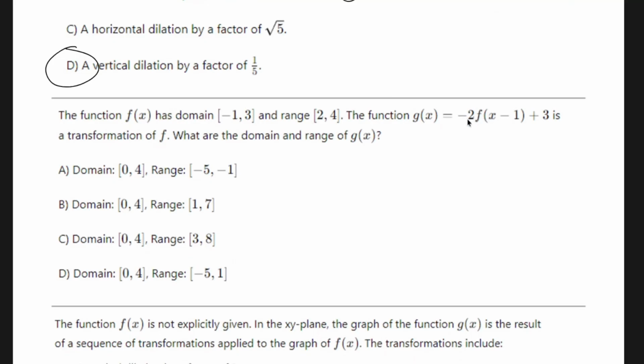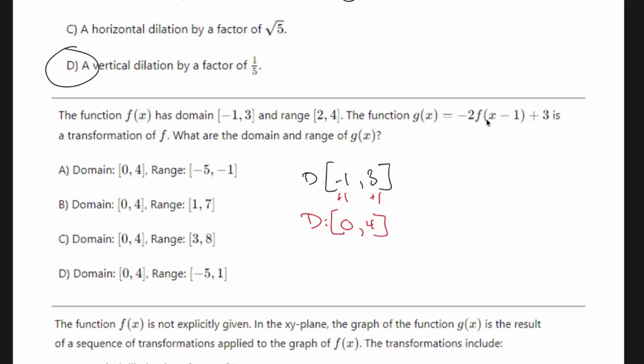So the only thing that's going to affect the domain is this horizontal transformation where we move to the right 1. So our domain, which was originally negative 1, 3, we're just going to add 1 to that, and that gives us a domain now of 0, 4. Which all of these are 0, 4, so thanks for nothing.